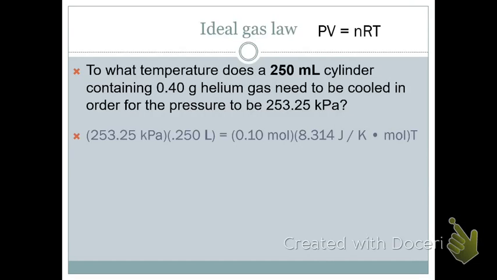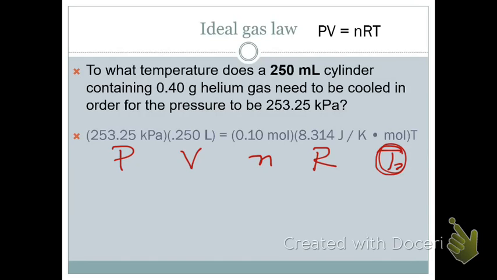So here we have our pressure. You have the volume that we calculated. You have the moles. You have the R value. We do not have the T. So we need to figure out what T is.